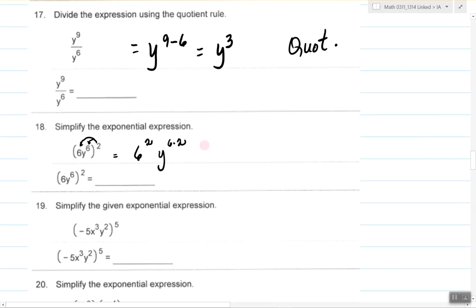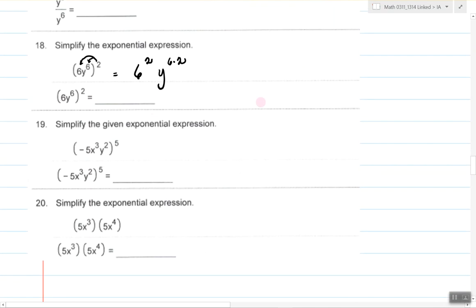Remember that original 6 had an exponent of 1. That's why I have this 2. So 6 to the 2nd power is going to be replaced with 36, y to the 12th power. So this one was power rule.